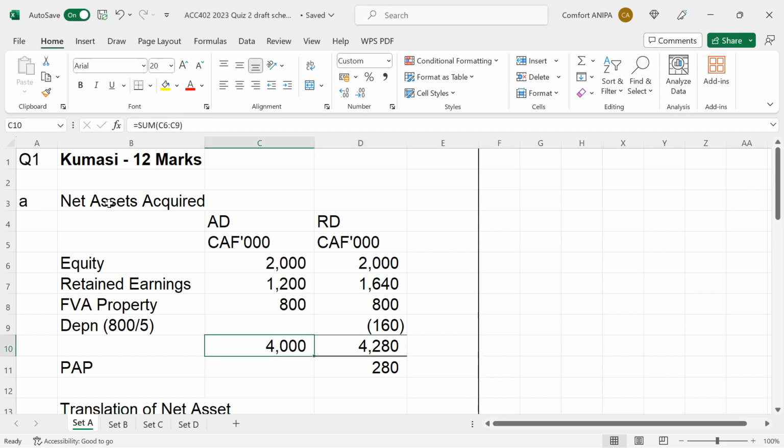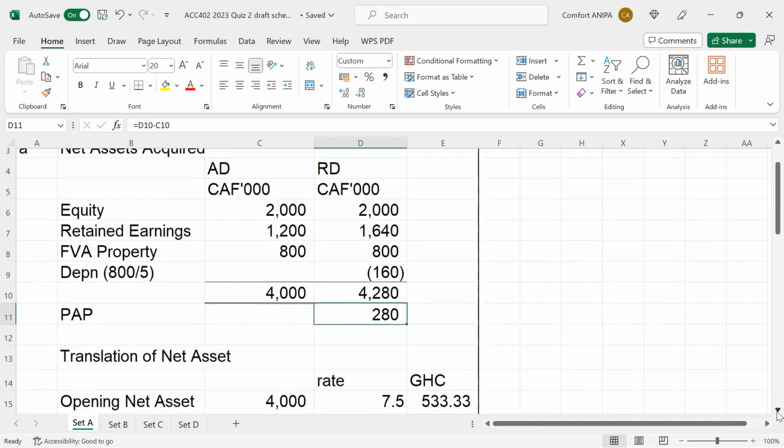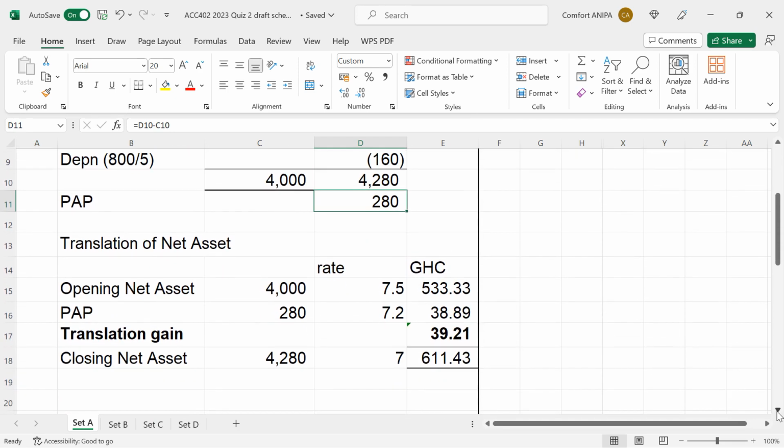So your net asset at acquisition is 4 million. Your net asset at reporting is 4,280,000. And so your post-acquisition profit is 280, all in the functional currency of the subsidiary.